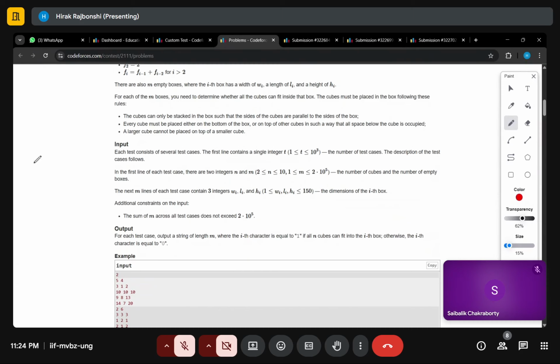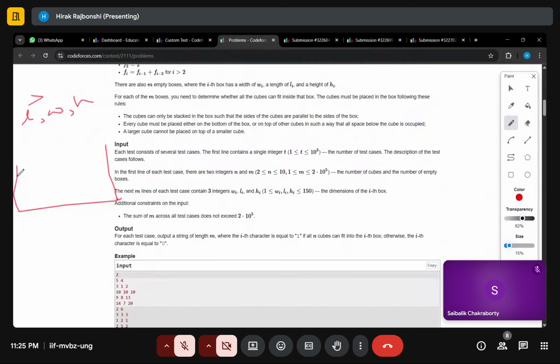So if you see, let's suppose L, W, and H is the current dimension of the box. Okay, so this is the box, and I am supposing L is greater than W. First, since we cannot place a larger cube above a smaller cube, we have to place the larger box first.